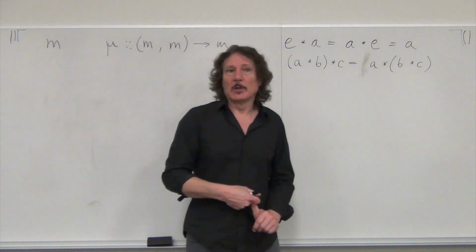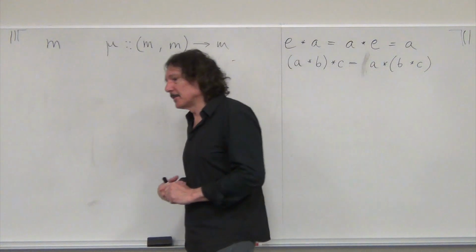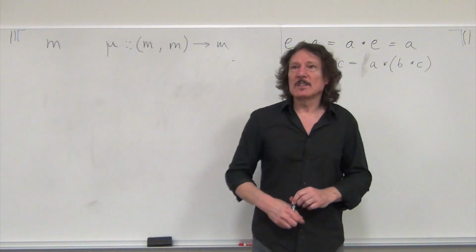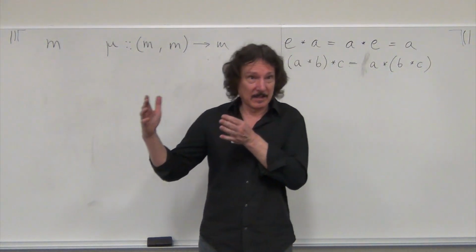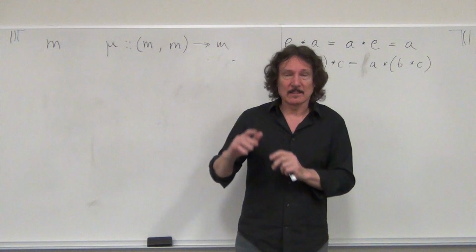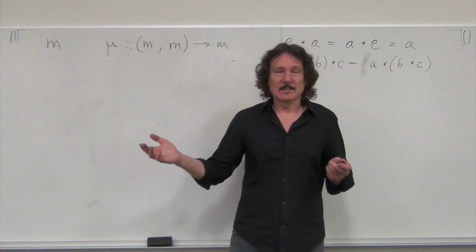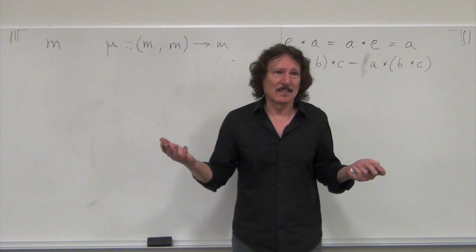Objects in the category of monoids will be monoids, obviously. But what are morphisms? So a monoid is a set. Under the covers, it's a set. So if we take all possible functions between sets, we won't get a monoid category, we'll get the category Set.